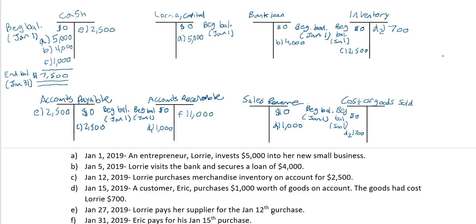So let's go ahead and do that for Lori Capital. This one's very straightforward. It's just one number on the credit side. And once again, we're going to label it as an ending balance on January 31st.